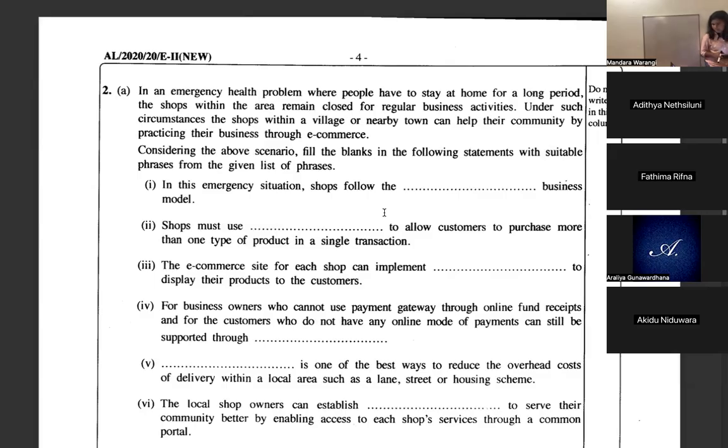In this business model, they have their physical shop while having their online shop. What do we call this? We have click, brick and click, brick and brick. What is this?